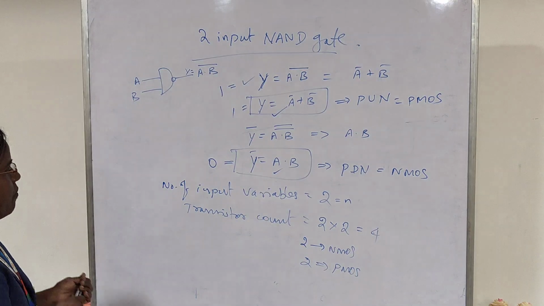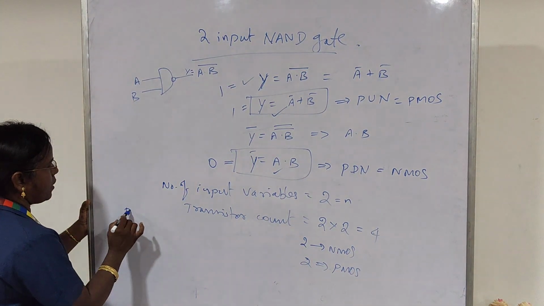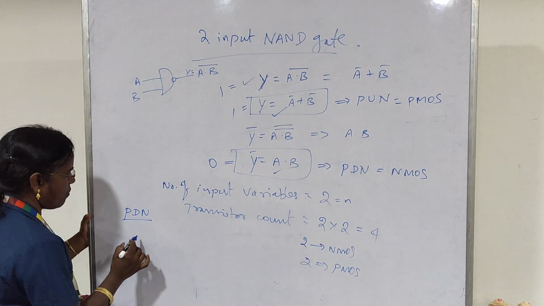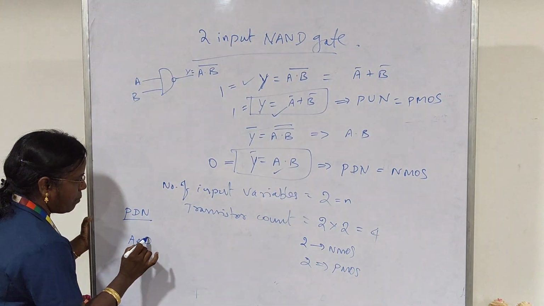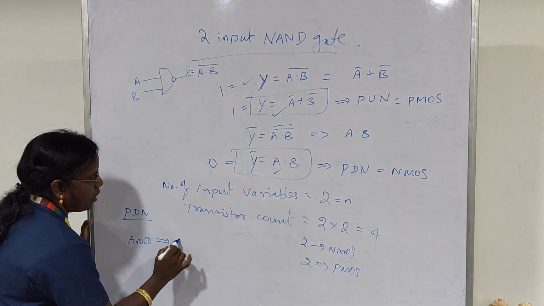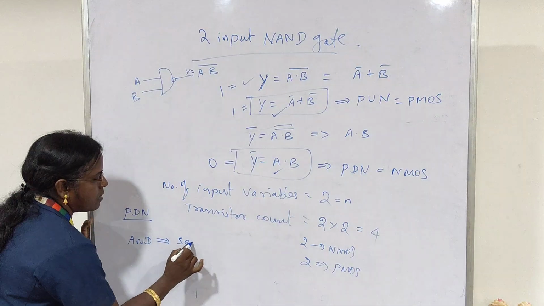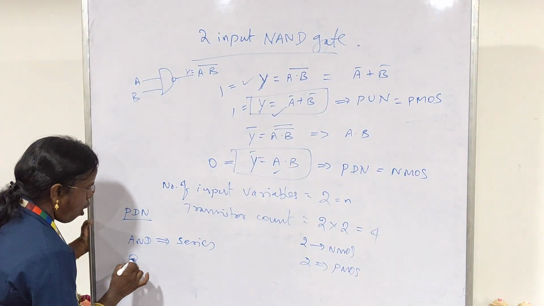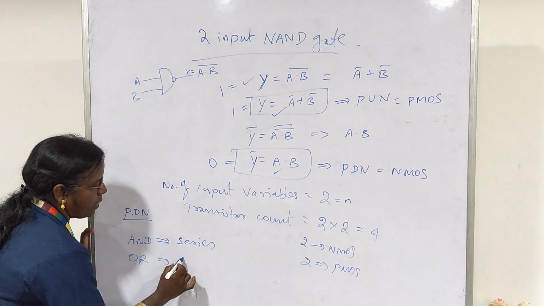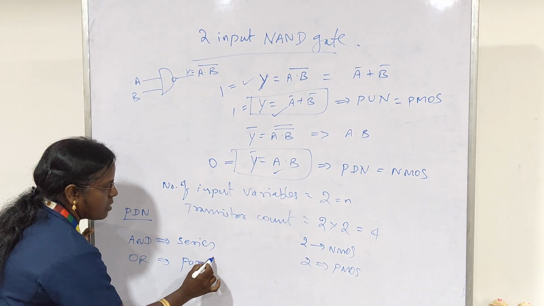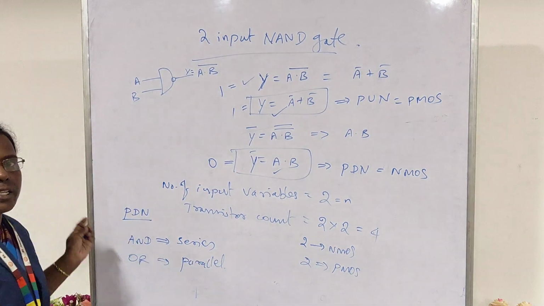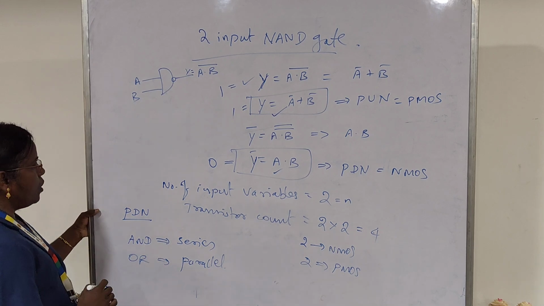First take the pull down network. If 2 NMOS are connected, AND function can be implemented by connecting 2 transistors in series. OR function can be implemented by connecting 2 transistors in parallel. This is the configuration we have to understand, in the pull down network.